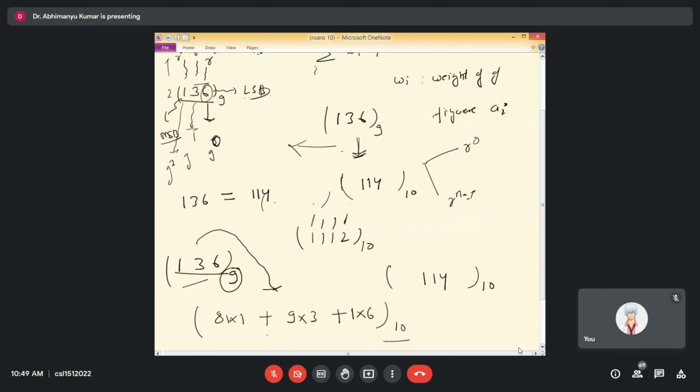So now we indicate their base. This is in 9, and this is in 10, now this is fine. So we are representing the same value in different representations, in different number systems.